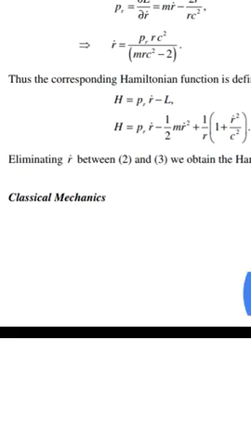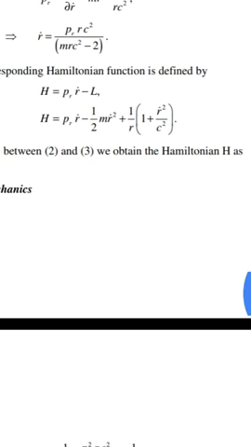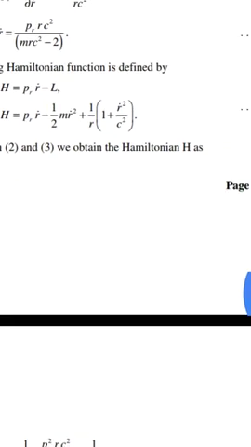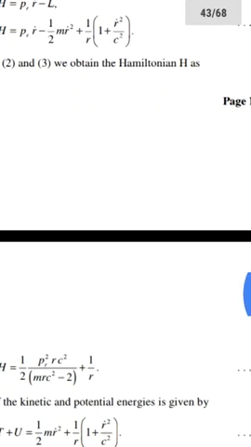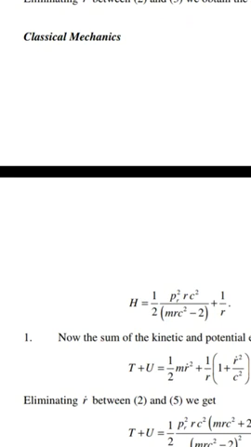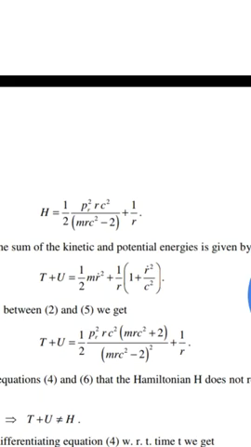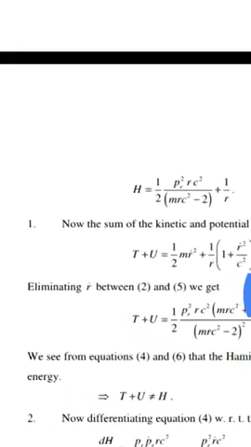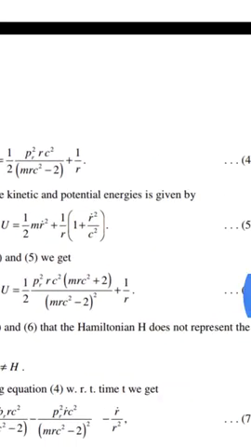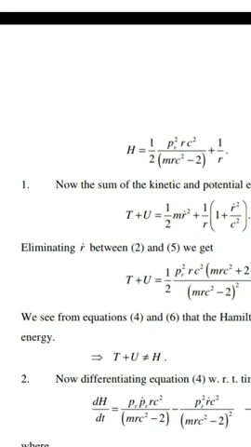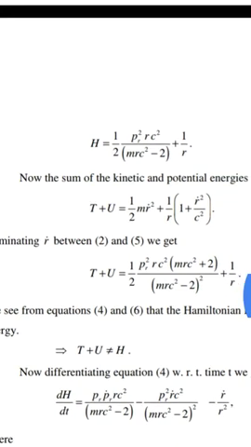Eliminating r dot between 2 and 3, we obtain the Hamiltonian H as H is equal to 1 by 2 pr square r c square divided by m r c square minus 2 plus 1 by r. Now the sum of the kinetic and potential energy is given by T plus U is equal to 1 by 2 m r dot square plus 1 by r into 1 plus r dot square divided by c square.